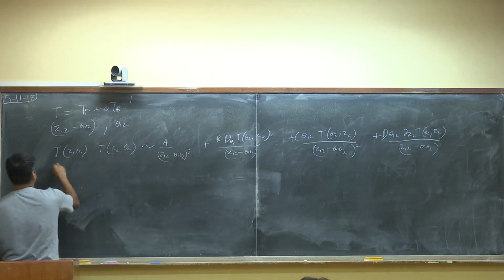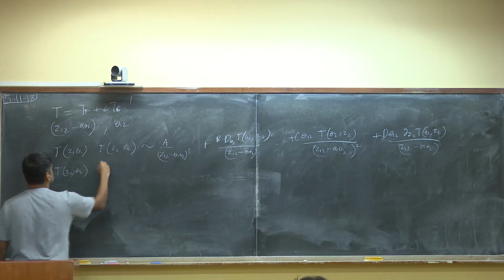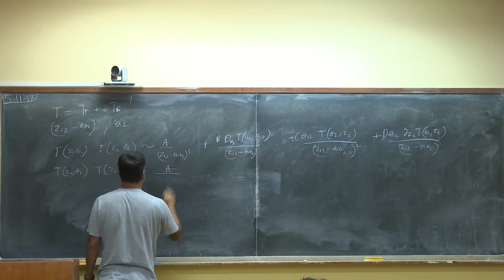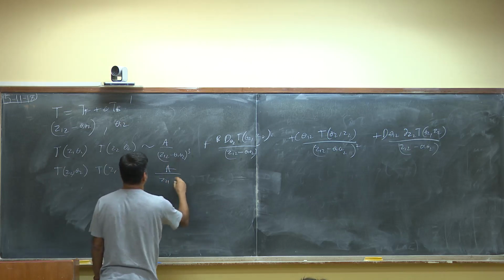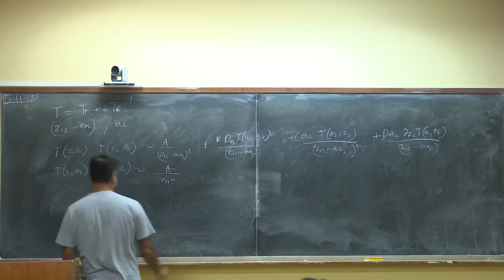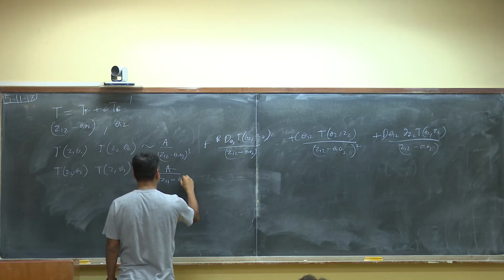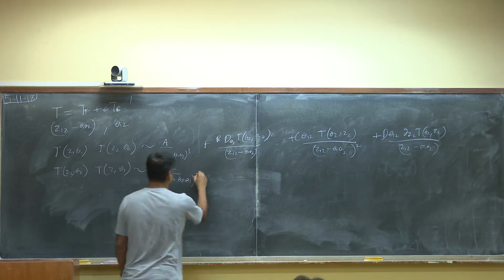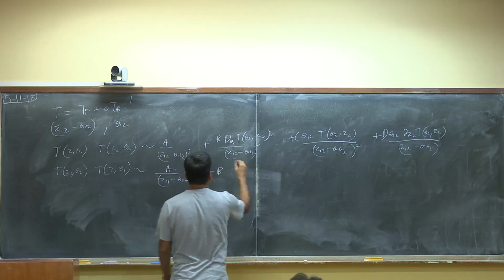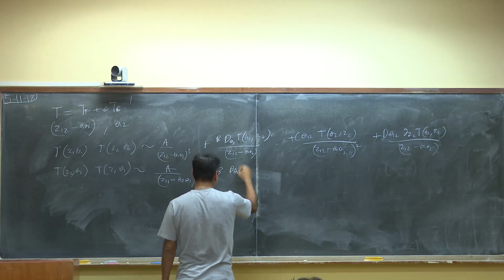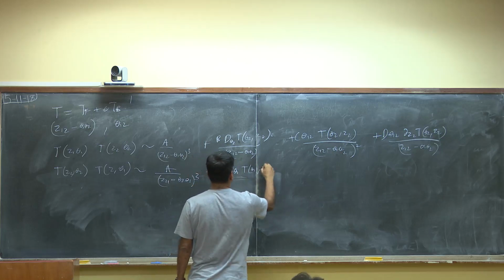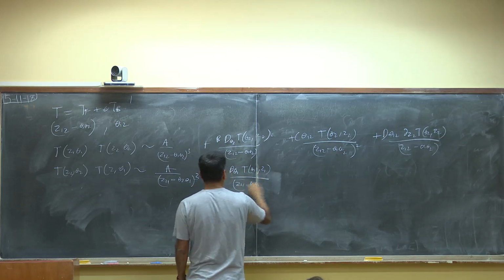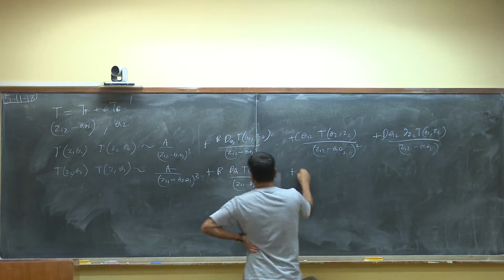So T of Z2 theta 2, T of Z1 theta 1 is A by Z21 minus theta 2 theta 1, the whole thing cubed, plus B del theta 1 T of theta 1 Z1 by Z21 minus theta 2 theta 1, the whole thing squared.